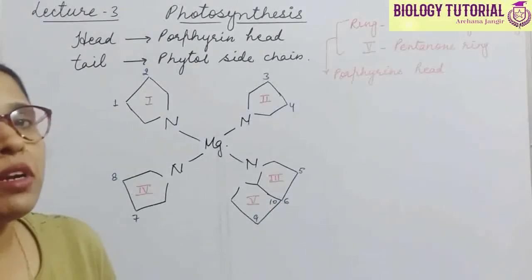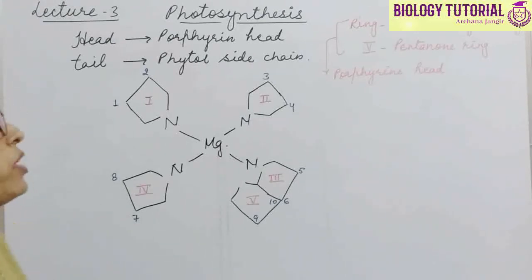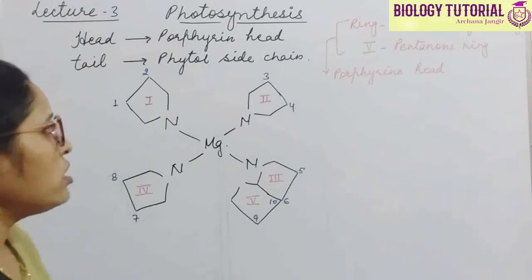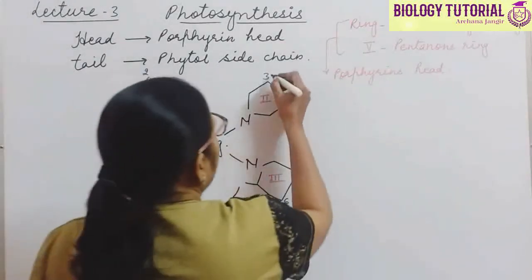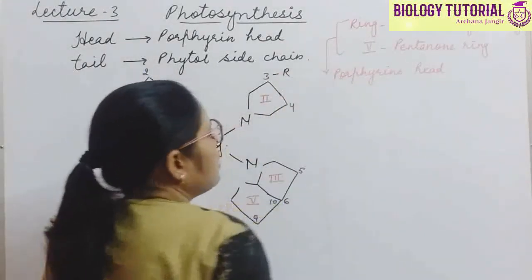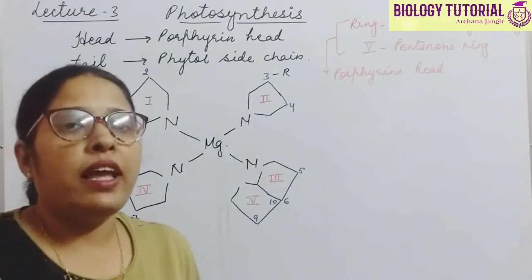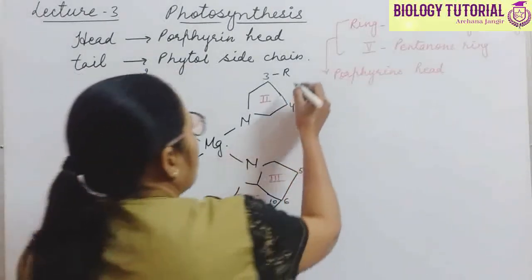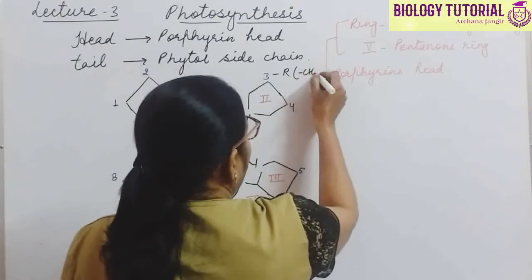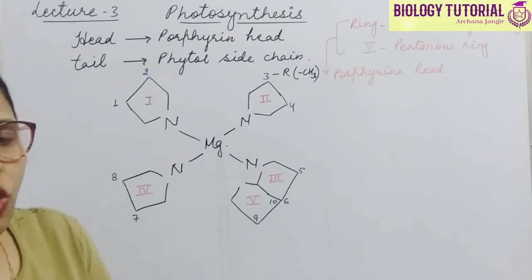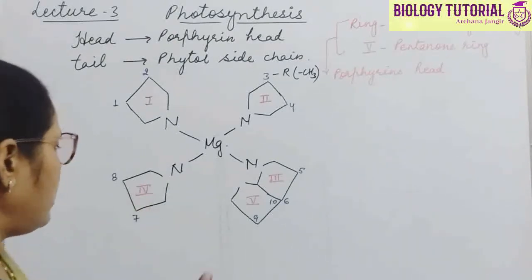At carbon number 3, R group is attached. Clear? This is the position which is always fixed. So at carbon number 3, R group is present, and in case of chlorophyll A, the R group is methyl group. So this is the position of R group at carbon 3.